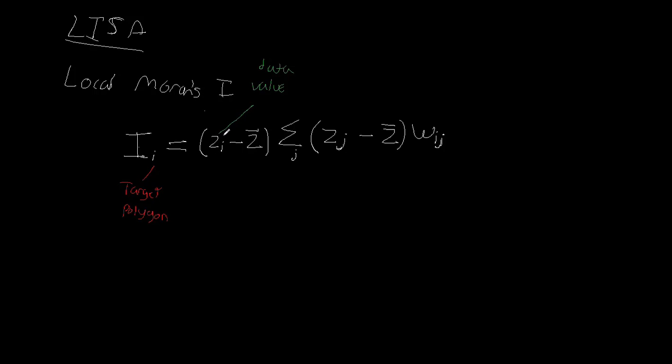This could be the population in 1990. This could be the percentage of renters. This is whatever variable we're interested in. So this is the data value for the target polygon. Okay, hopefully that makes sense.